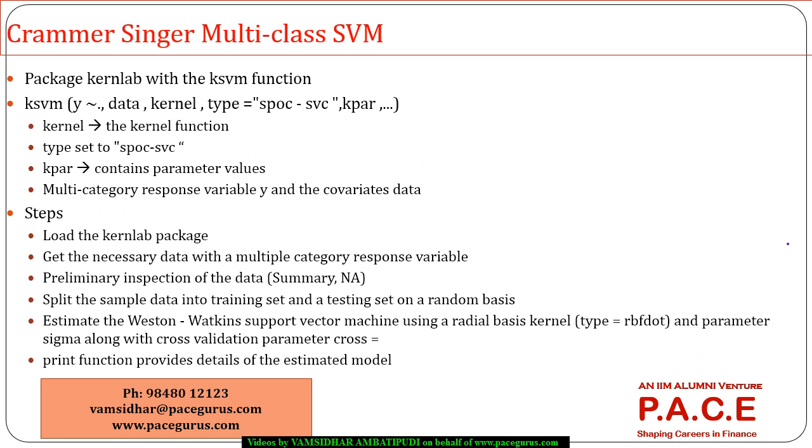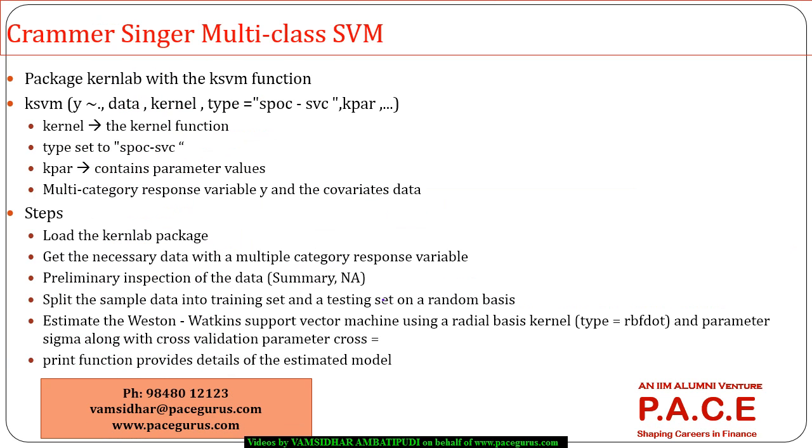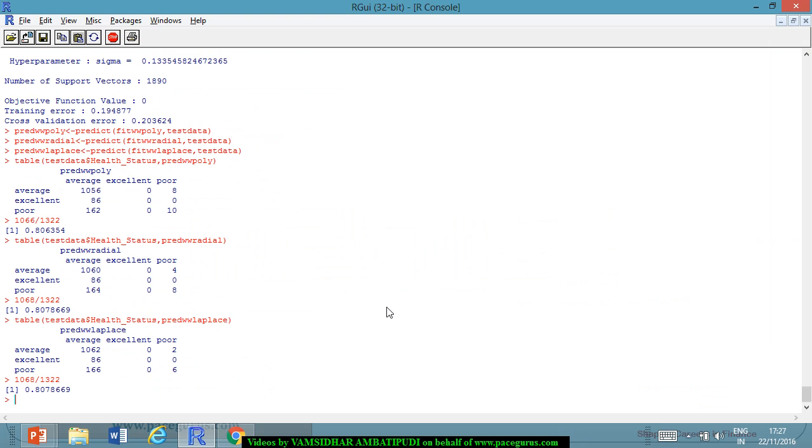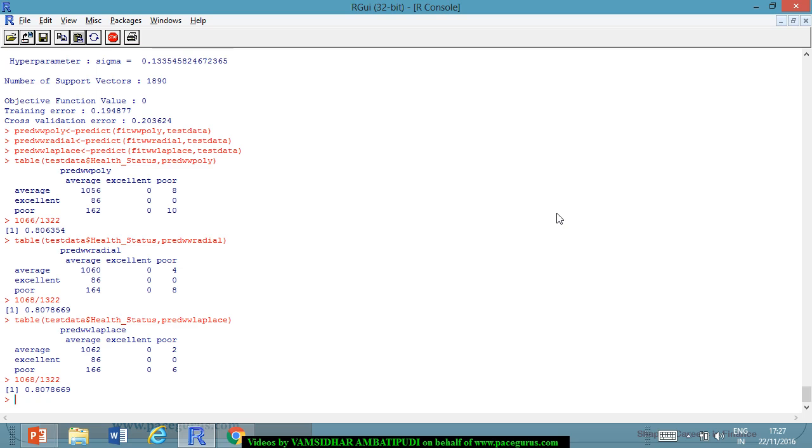And the same logic goes with the third in the same category, wherein I can very well use spoc-svc as the type for Crammer-Singer native multiclass. Again, everything remains the same. I can very well use Crammer-Singer, so I should be using it as spoc-svc.